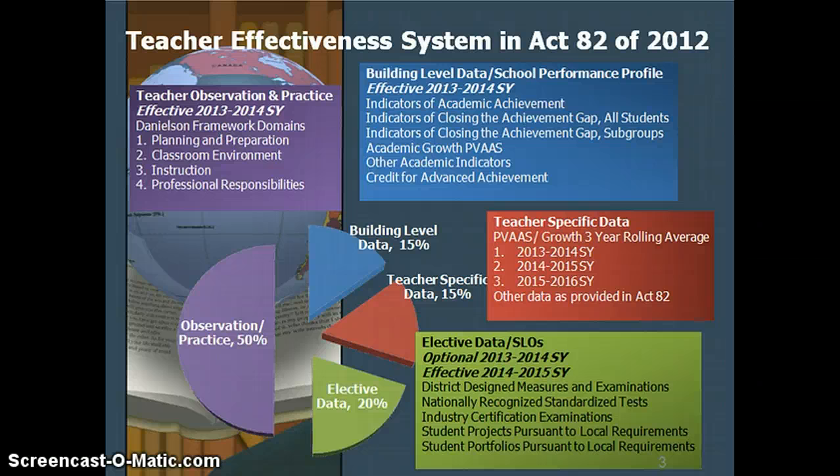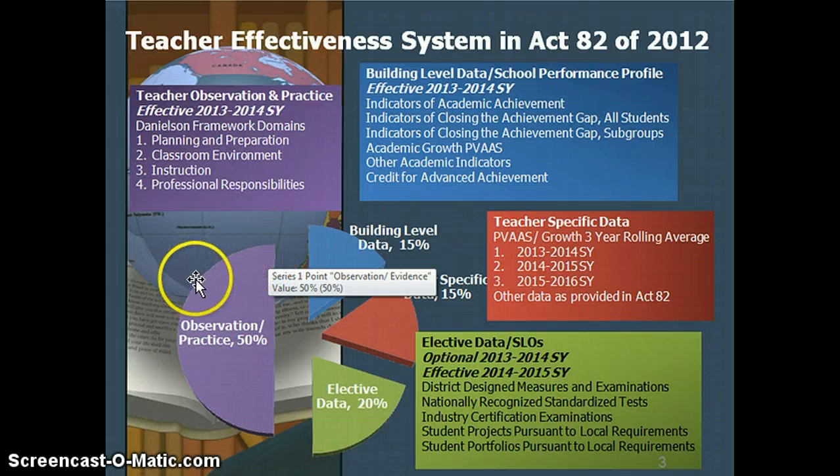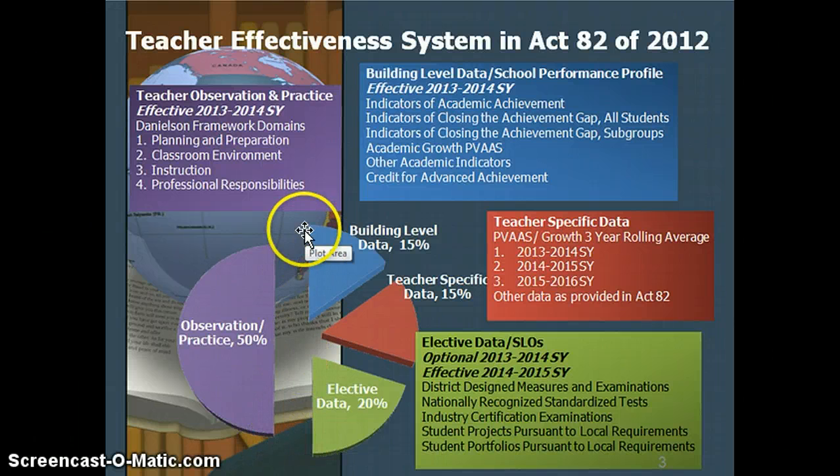For the year 2013 or 2012, we will see that the state has published how the final pieces of this teacher effectiveness system will be implemented. The Danielson framework, those 4 domains that you've typically been assessed on, will eventually comprise, for many people, 50% of their teacher rating score. Building level data is 15% for everybody, and that is the building SPP.